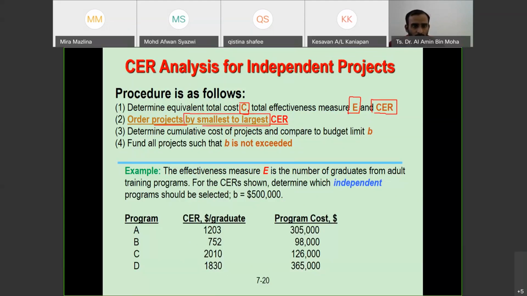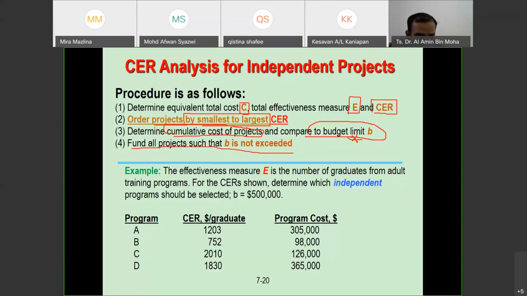And then determine the cumulative cost of the projects and compare to the budget limit. So in this case, you have a limit in terms of budget. And then fund all projects such that B is not exceeded. That means we are going to accept projects until our budget is reached.